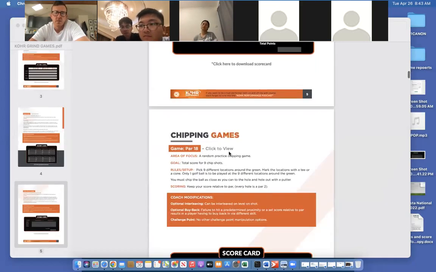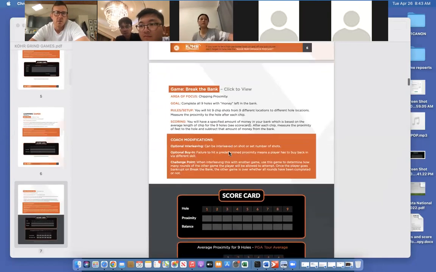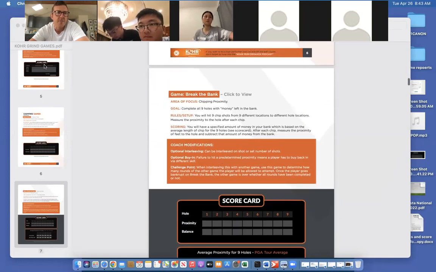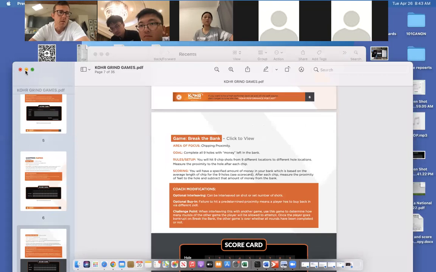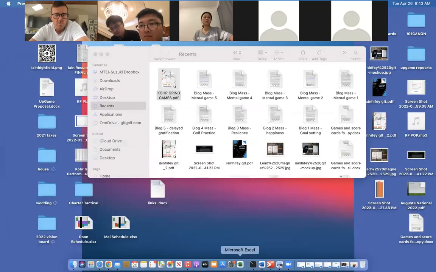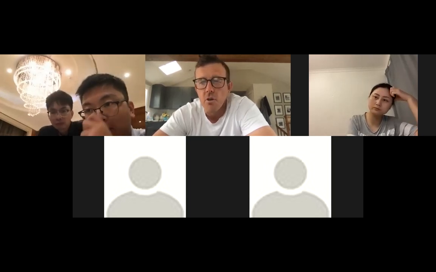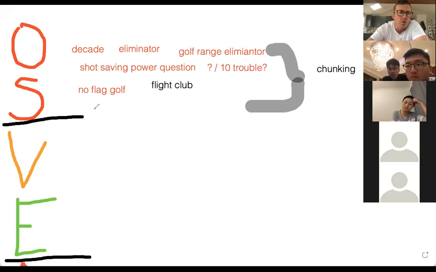All of these are designed with elements that the players have to solve problems. Golf is a problem-solving game. Every shot presents us a different problem, and we have to solve them. Most students who learn in the isolated environment of the range are only practicing this part of the process.